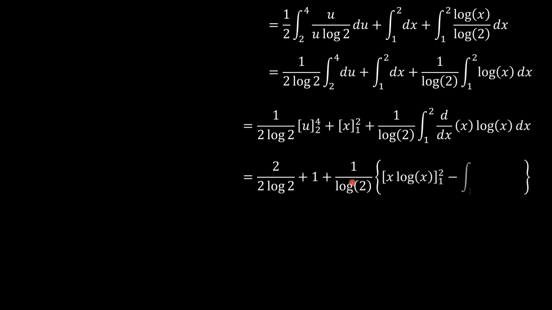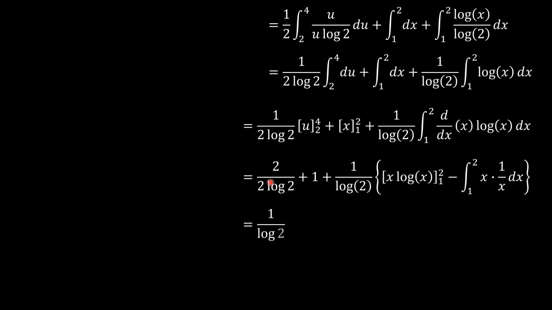We have 1 over log 2. Integration by parts here means we have x log x, minus the derivative of log x, which is 1 over x, times x, which is just equal to 1.